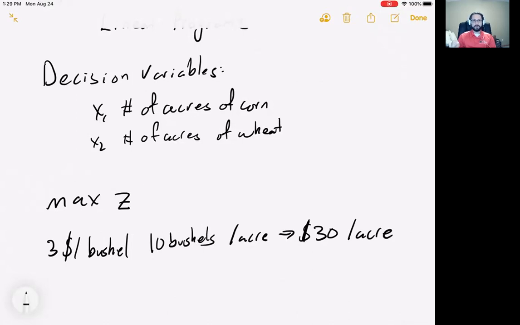This is important because the units of $30 per acre will cancel with the units of number of acres to give us 30 times x1. Dollars per acre times number of acres gives us a number of dollars. Performing a similar calculation on the acres of wheat, we find $100 per acre of wheat. This expression right here is called the objective function.